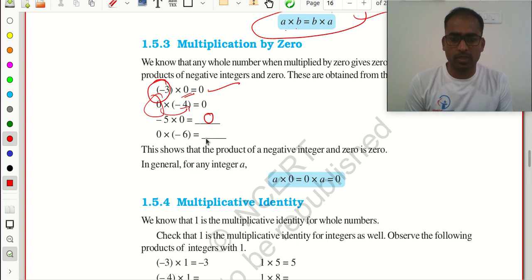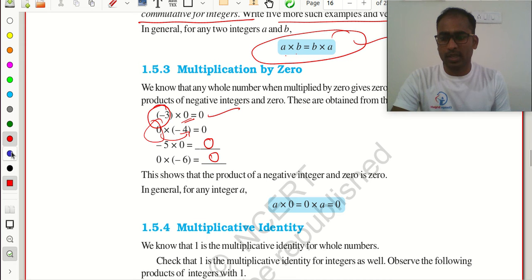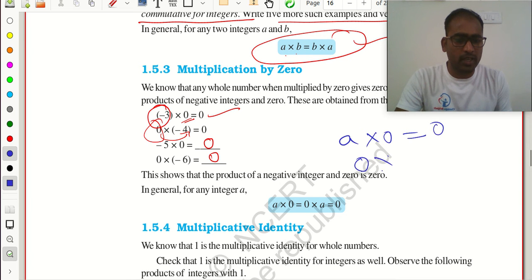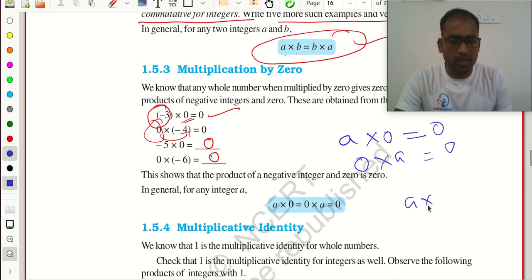So here the answer is 0. So we need to understand that for any integer a, if I multiply with 0, I will get answer 0, or 0 with any integer a, I will get 0. So I can say a multiplied with 0 is equal to 0 multiplied with a is equal to 0.